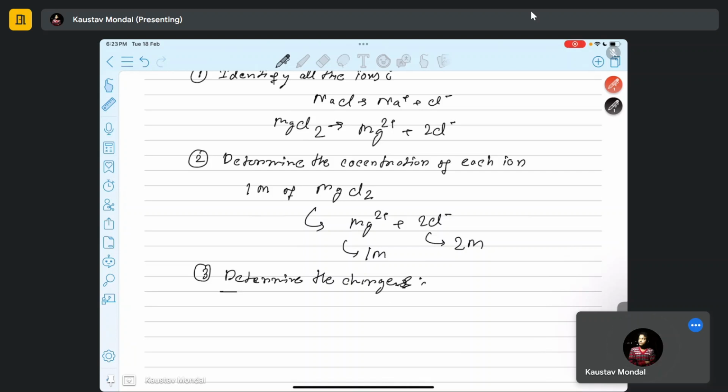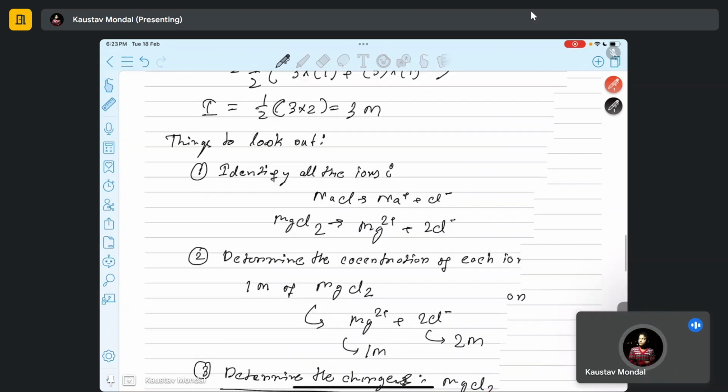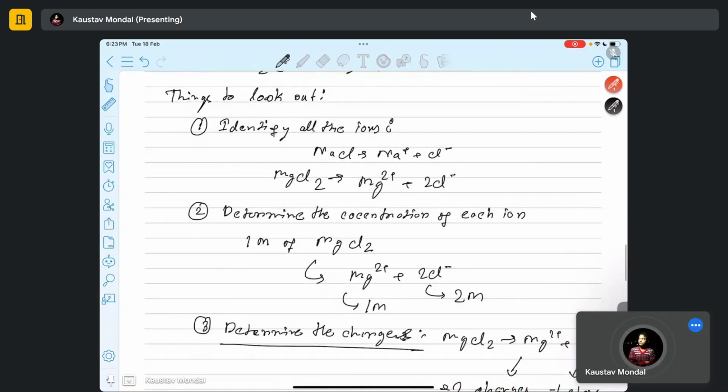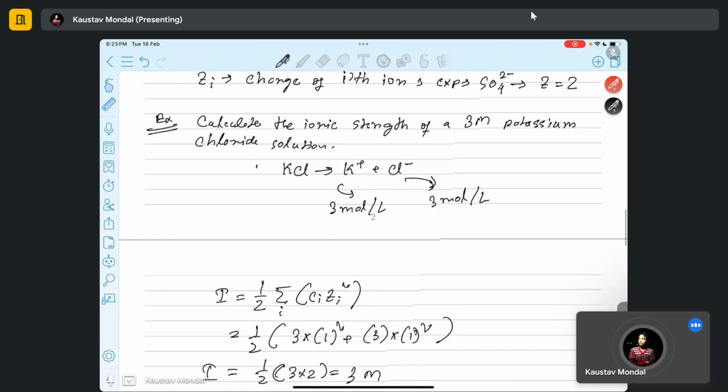Like here in MgCl2, basically Mg2 plus and 2Cl minus, so here you have plus 2 charge, and here you have just negative charges. These things you also have to be careful about: what are the charges of the ions after the dissociation.